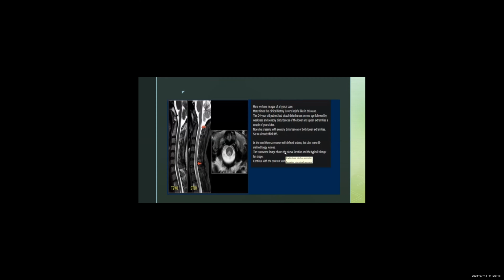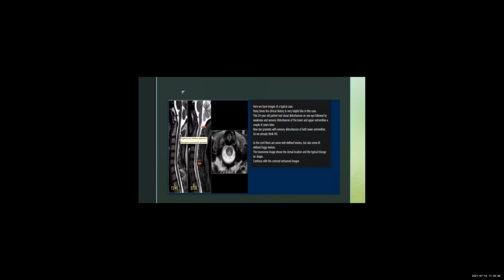So this is an example of an MRI image of, in this case, the cervical spine. MRI has different kinds of sequences. You have something called T1, something called T2, and then you have other special ones. So this is an example of a T2 sequence.